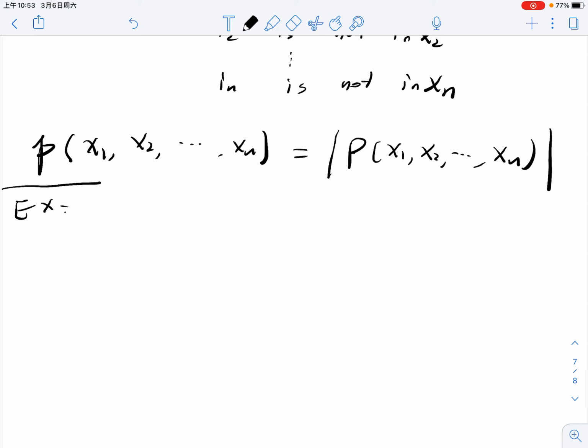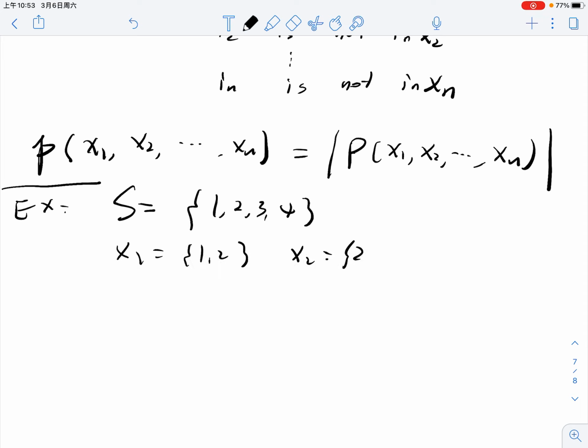And let's look at one example. Suppose the whole set, let's denote S, is {1, 2, 3, 4}, and x1 is {1, 2}, x2 is {2, 3}, x3 is {3, 4}, x4 is {1, 4}.